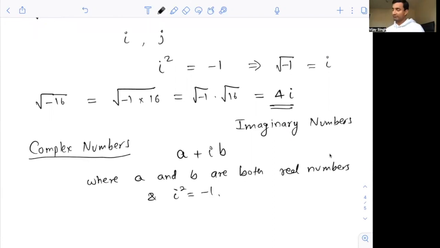Okay, that's the way we define this number i. So a and b in this case are both real numbers, and i squared is equal to minus 1.